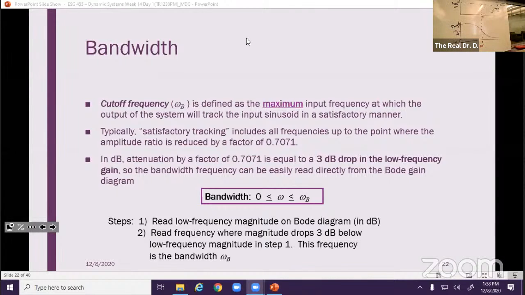That sounds wishy-washy. What is satisfactory tracking? Who defines that? Right?